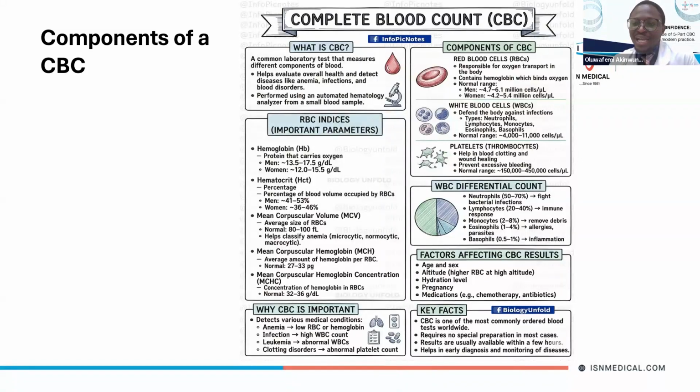Now, MCHC is gradually going out of vogue because it's not so abnormal in many conditions. One of the few conditions in which MCHC is abnormal is what we call paroxysmal nocturnal hemoglobinuria. So what happens is that is a red cell membrane disorder in which part of the red cell membrane is chipped off as it passes through the spleen or the liver.